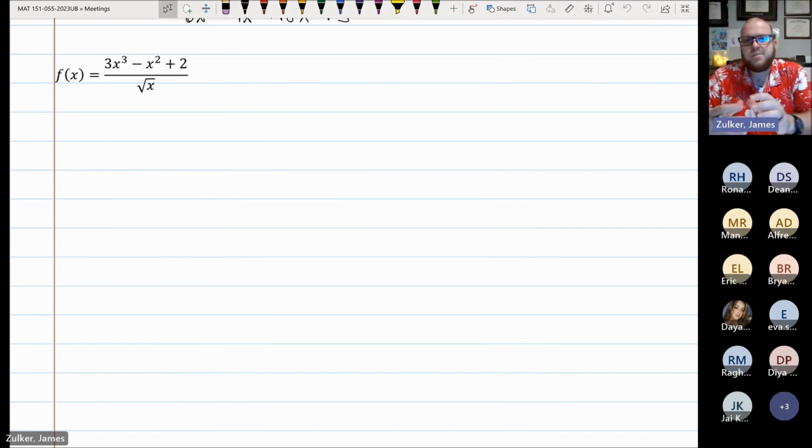Well, here we have a quotient. Right? Immediate thought would be to use quotient rule. But that really wouldn't be the most efficient method, would it?